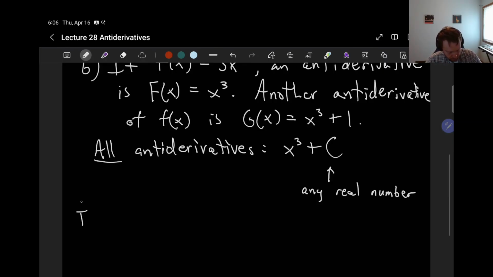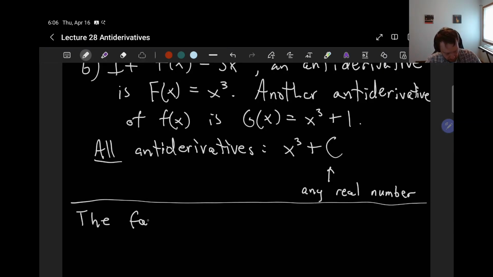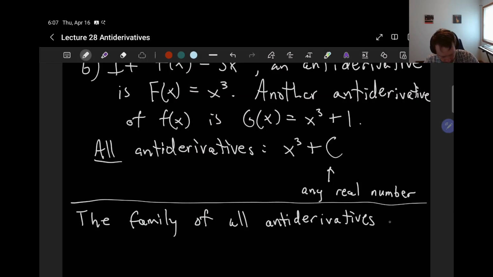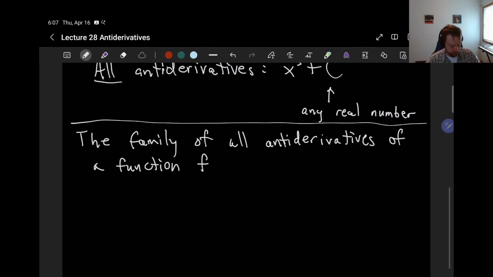Now, this is a little separate from that example. The family of all antiderivatives of a function little f, we call this an indefinite integral.